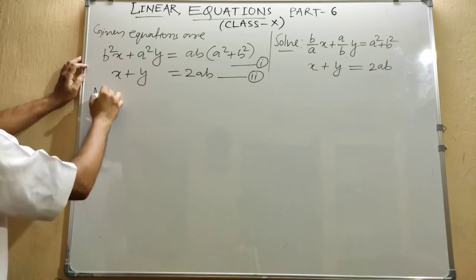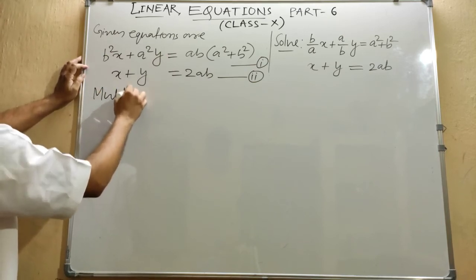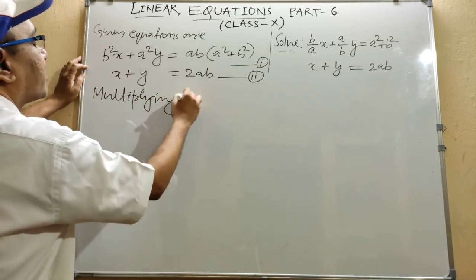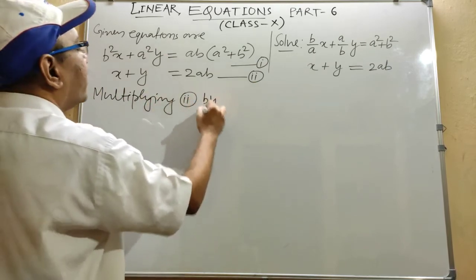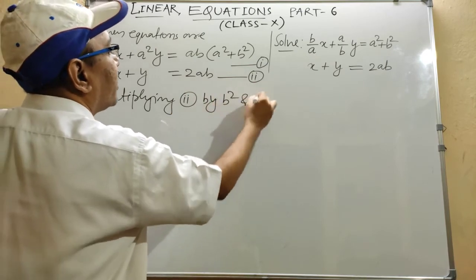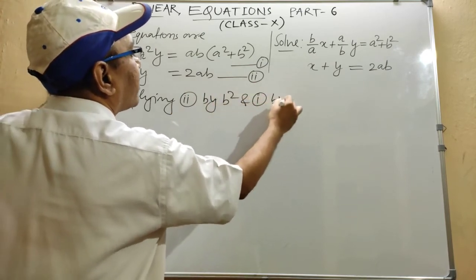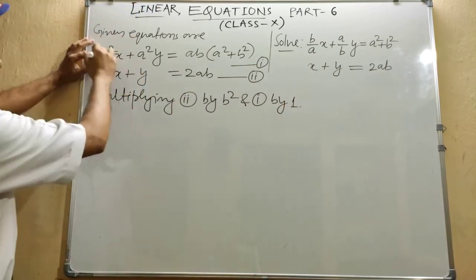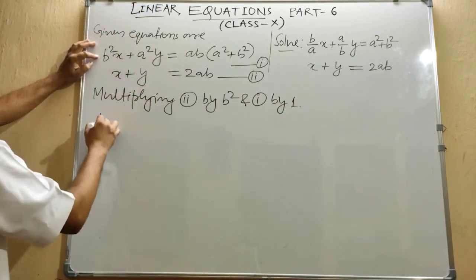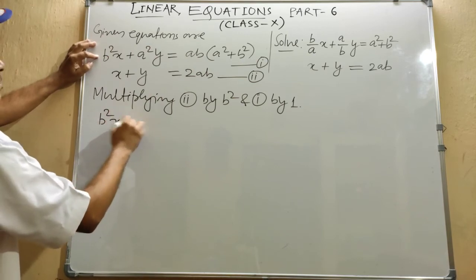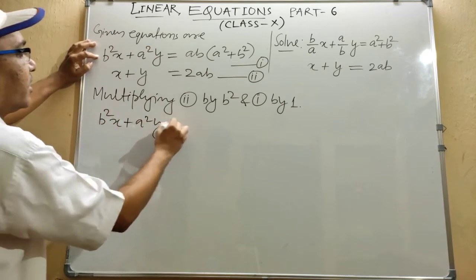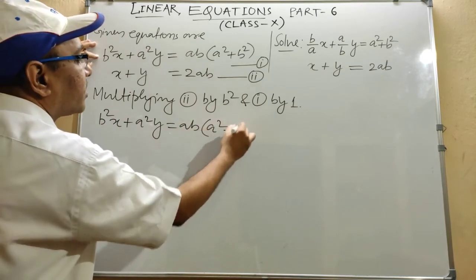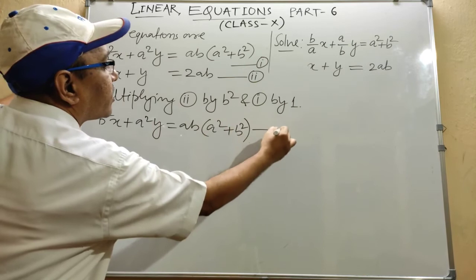So you will write simply: multiplying the second equation by b square and the first by 1. So b square x plus a square y equal to AB into a square plus b square. Write it as equation number 3.